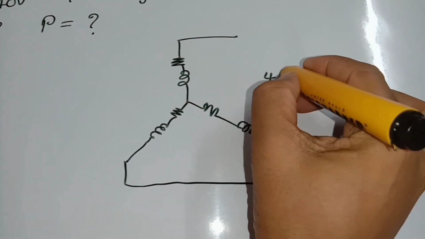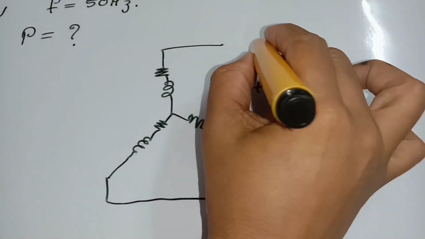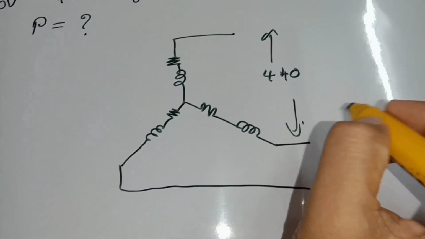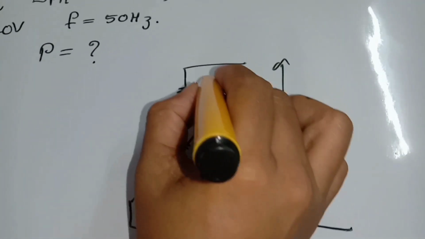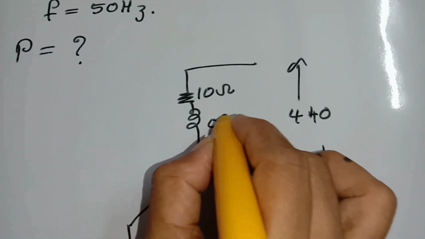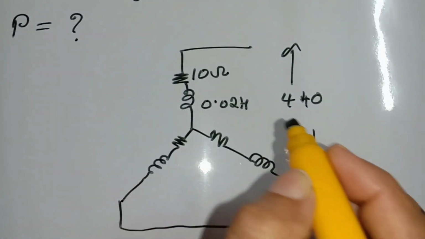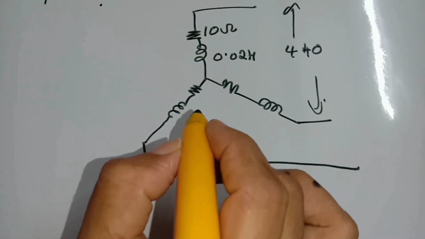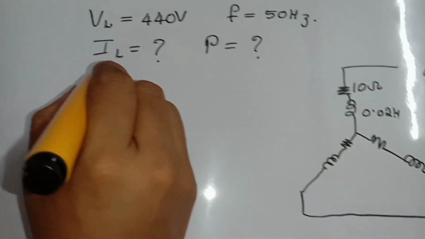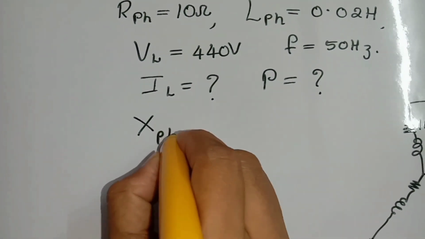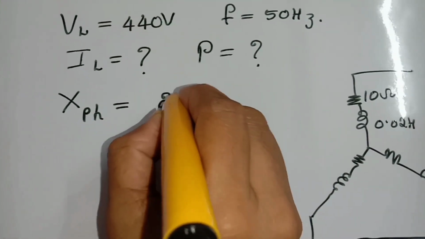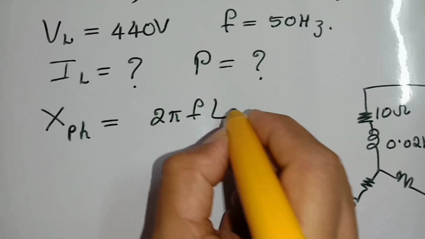Here we are giving 440 volt between two lines. This is nothing but our 10 ohm resistance, and this is 0.02 Henry reactance for all. Now, first thing we have to find out the reactance per phase X, which is equal to 2 pi FL.